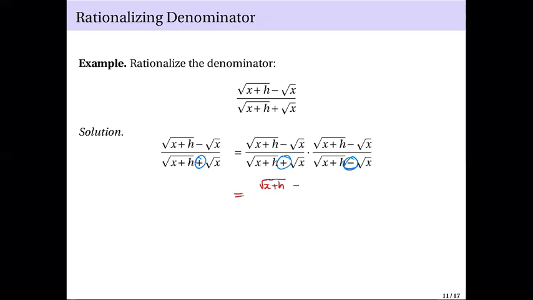Square root of x plus h minus the square root of x quantity squared. And for the denominator, well, you will have x plus h minus x. Okay?